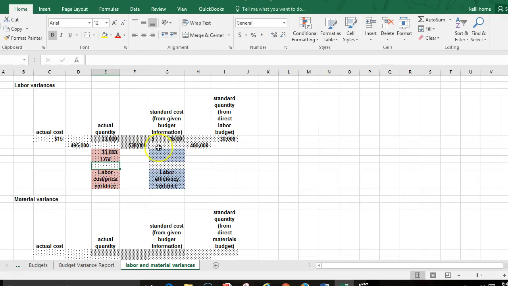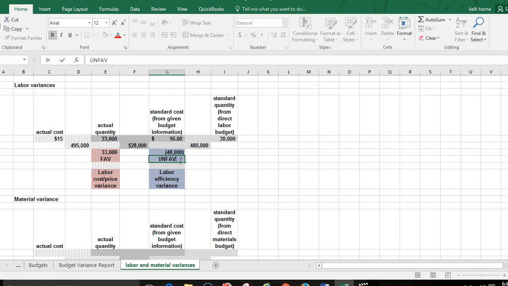Now we want to do the same thing over here. What if we had taken our actual times our standard, our POHR, compared to what we budgeted? Then we actually would have had more. So that would have been the 480,000 minus the 528,000. That would have been an unfavorable.